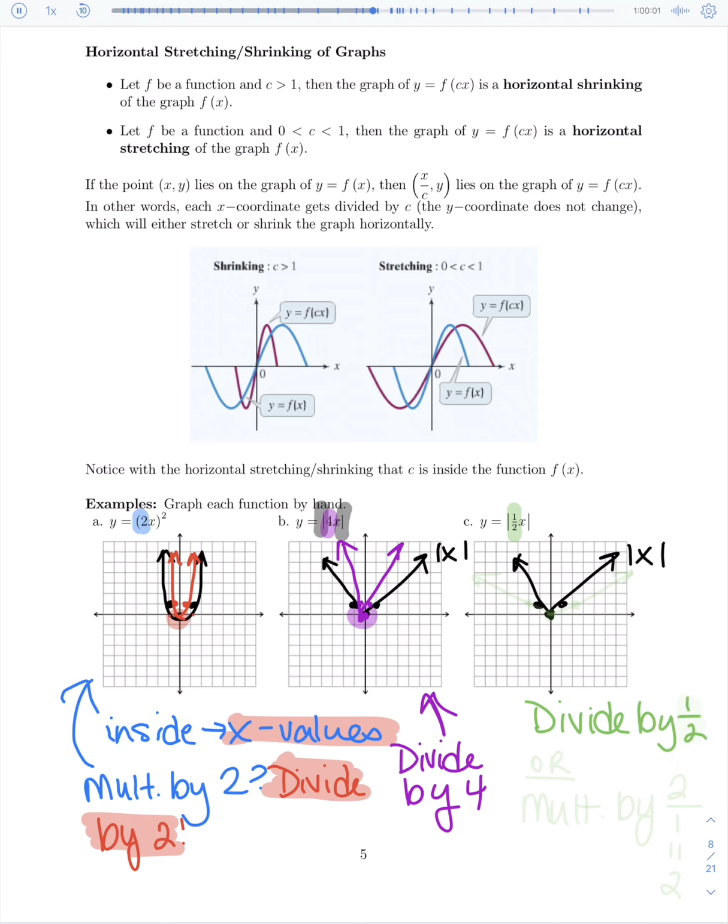Remember that dividing by a fraction is the same thing as multiplying by its reciprocal. What's the reciprocal of 1/2? Remember, reciprocal is a fancy way of saying flip it upside down. Well, the reciprocal of 1/2, flipping it upside down, is 2/1, which is just the number 2.